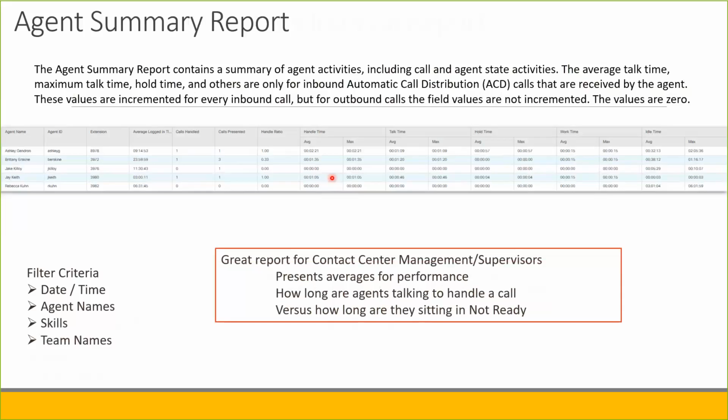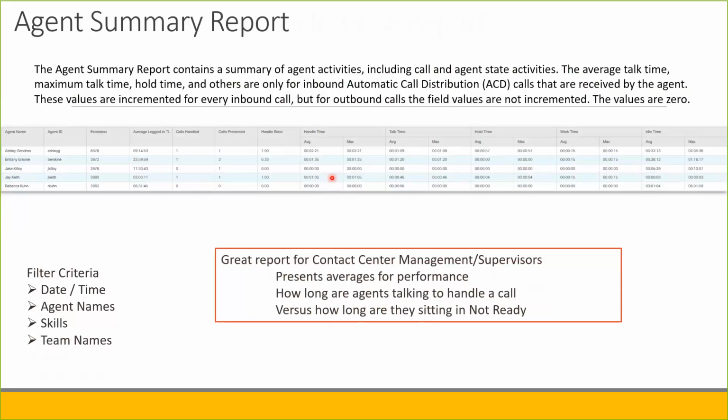Anomalies in the handle time, and seeing that max and the average, can point you to some coaching opportunities with your staff. Or on the other side, it might be a commendation, or a pat on the back at the round table meeting in the morning. Whatever your use for looking at this is, it will give you the handle ratio.